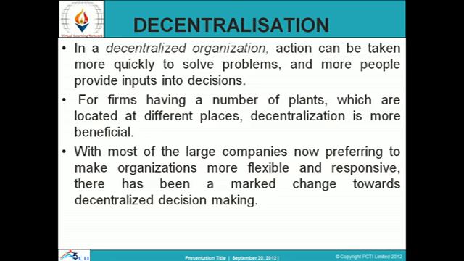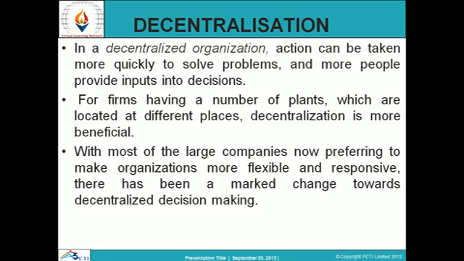Decentralization. Now let us define what decentralization means. In a decentralized organization, action can be taken more quickly to resolve problems, and more people provide inputs into the decision making process. For firms having a number of plants located at different places, decentralization is more beneficial, right?